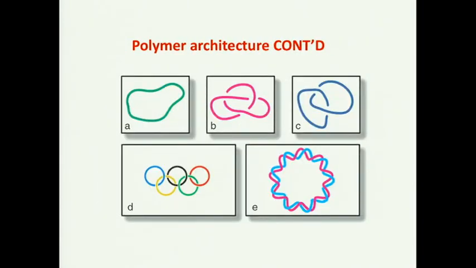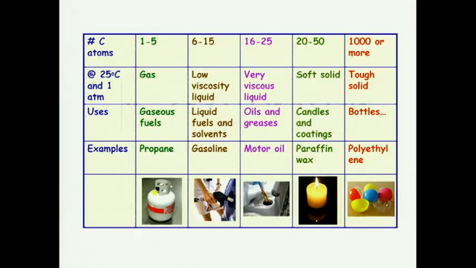So you can do a variety of things with polymers. All these design structures affect the mechanical properties. One interesting thing I thought you would be interested in is the number of atoms. Generally, carbon is the backbone in polymer chains in biopolymers. If the number of carbon atoms is 1 to 5, let's say it's a gas. If it's up to 15, it's a low viscosity liquid. If it's up to 25, it's a very viscous liquid.